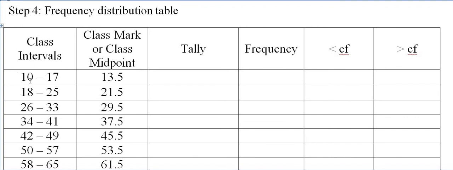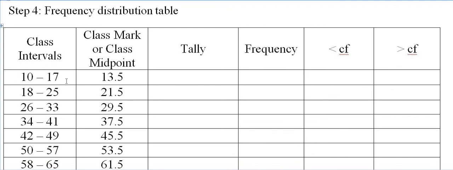Then add 8, which is the class width we computed in step 3, and subtract 1. So again, 10 plus 8 minus 1 will give us 17, our upper class limit for the first class interval. In short, our first class interval ranges from 10 to 17.